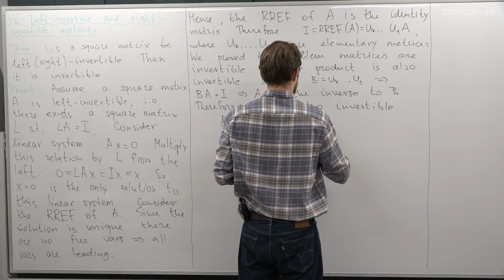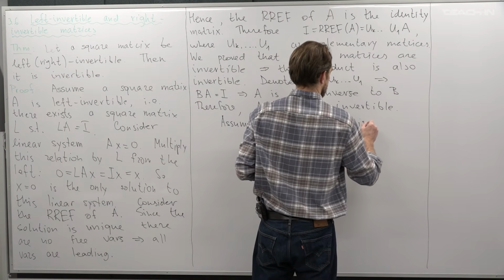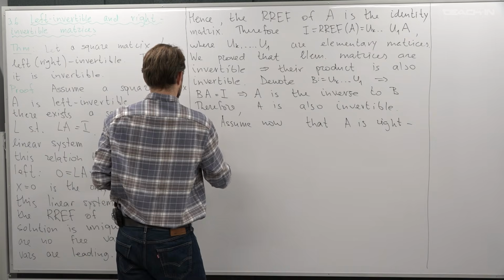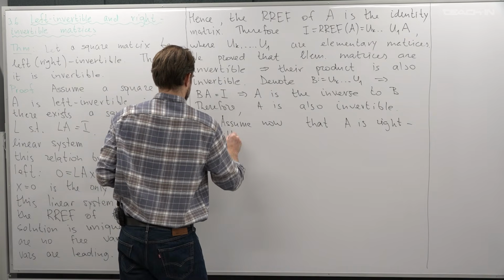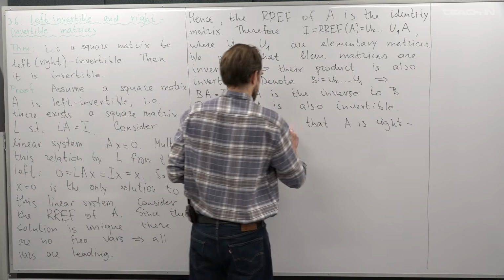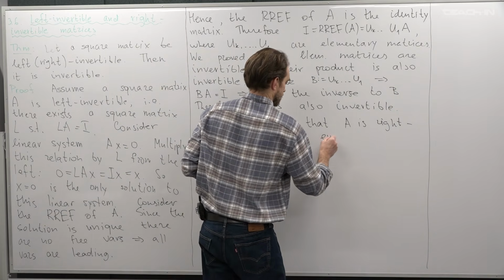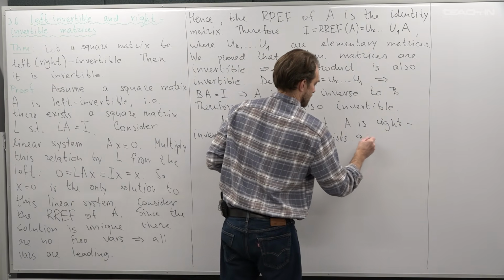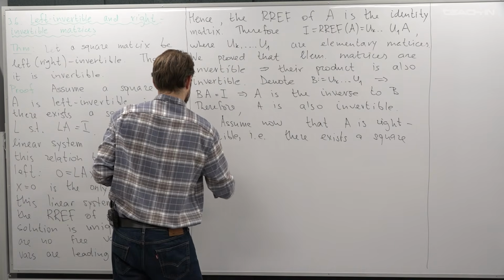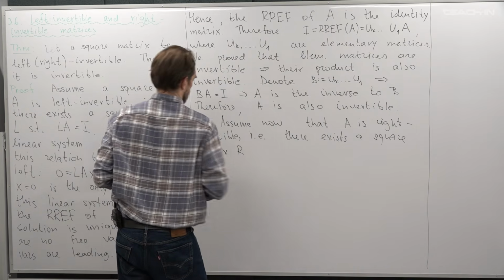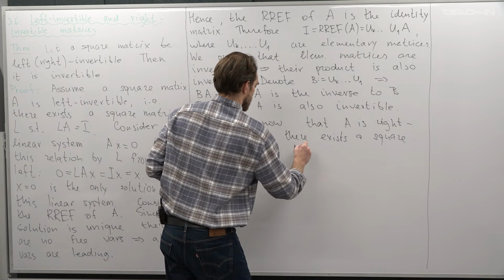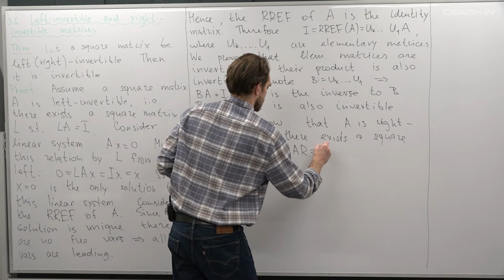Assume now that A is right-invertible. What does this mean? This means that there exists a square matrix R such that A multiplied by R from the right gives the identity.